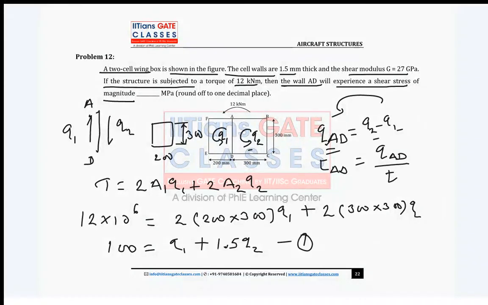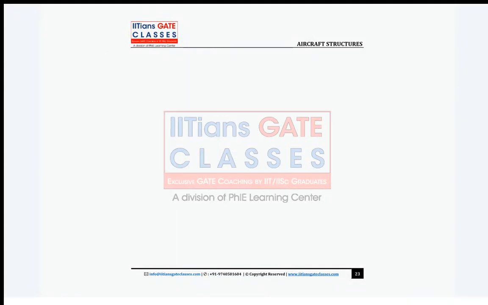But we cannot find q1 and q2 using a single equation. We need one more equation. So the other equation will come from the compatibility of displacement. What is the compatibility of displacement equation? Theta 1 dash will be equal to theta 2 dash. So what is theta 1 dash, guys?